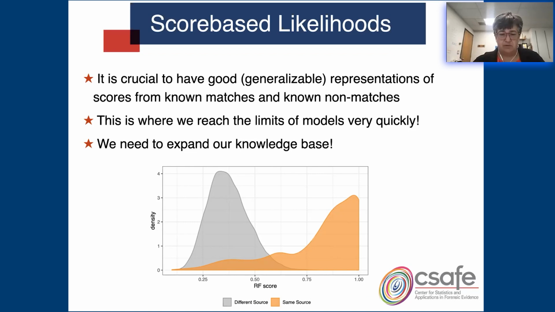So we've got the scores from different source. We've got the scores from the same source. Only if the training data is a good sample of the general population can we actually make general comments and generalize the model to things that are outside the scope of the model. So it's really crucial to have a good representation of scores.